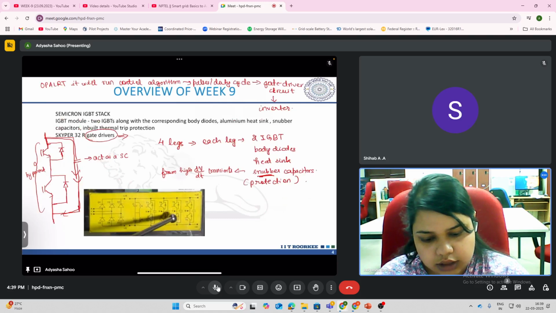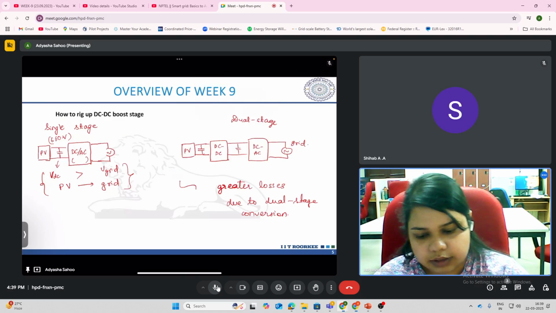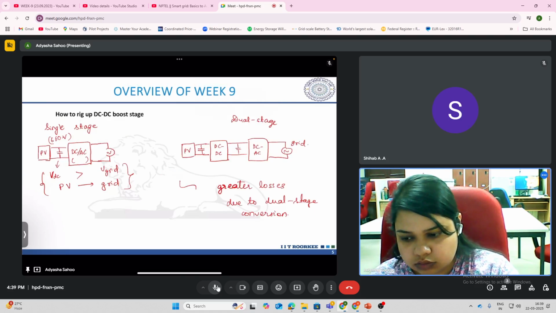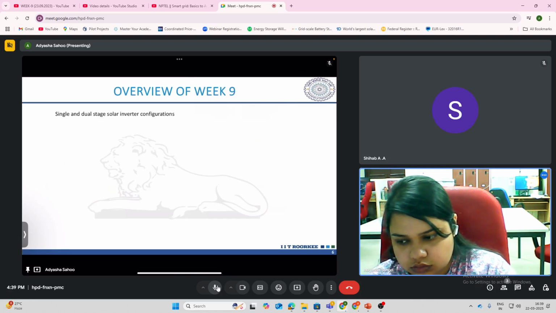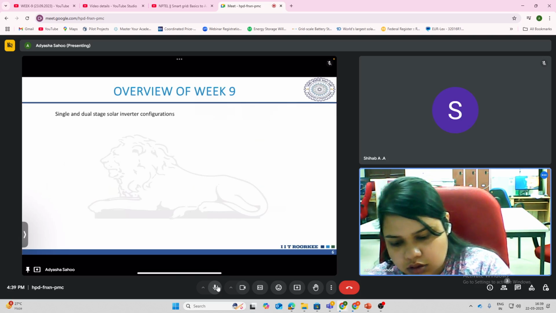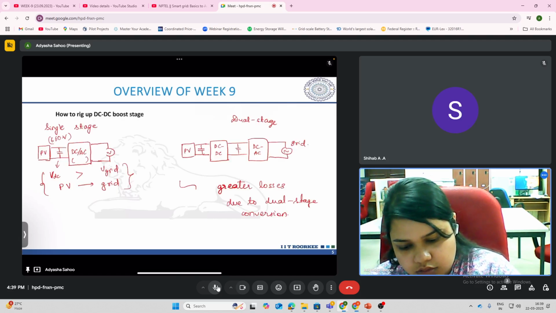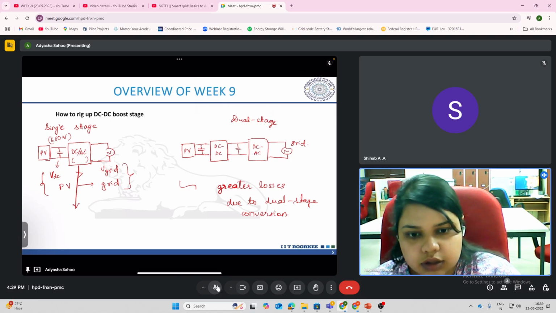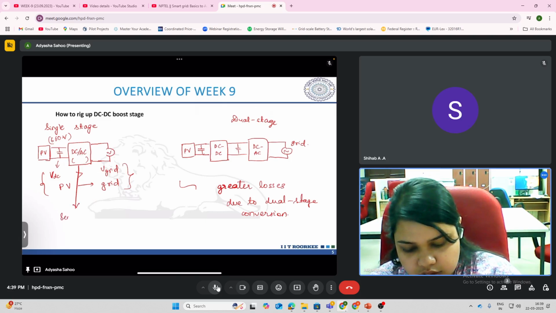Now, as we had seen, the inverter had four legs, right? So for this DC to AC inverter, you will use the Semikron IGBT stack.